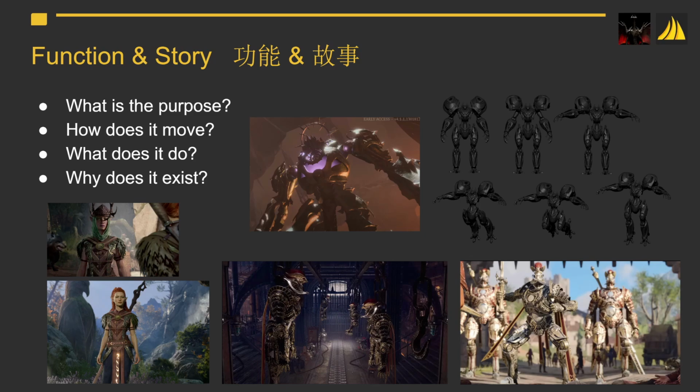So in this case here, we have Grim, the Keeper of the Forge. This was a boss, which was also released in early access, as you can see. Now, the purpose was that it was a boss fight, right? So it had certain functions that it had to fulfill during the boss fight.